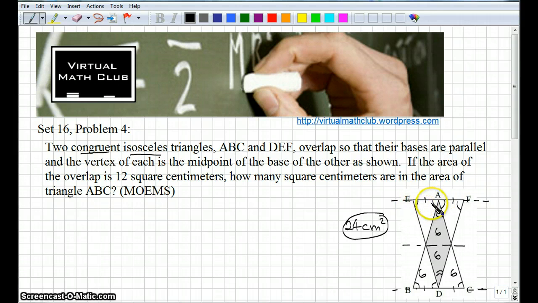So if you have 2 angles and a side between them, and they are all equal, then we know that this triangle here, this triangle here, and this triangle down here have to be congruent by the angle-side-angle theorem.